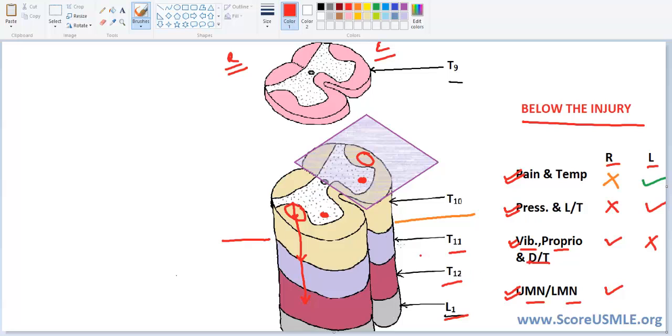But what about the upper motor neuron? That was descending through this tract. Am I right? Yes. So the corticospinal tract got interrupted here at the level of T10 on the ipsilateral side, and that's why these segments of spinal cord below the level of injury will face some issue that will present like an upper motor neuron lesion.